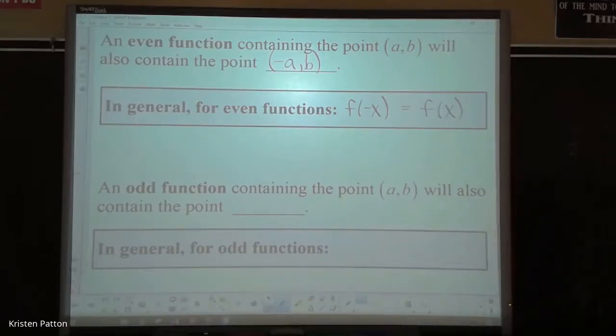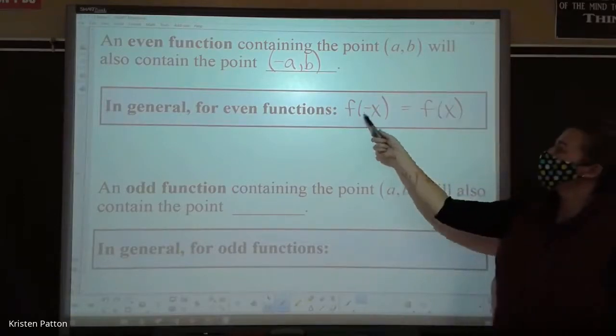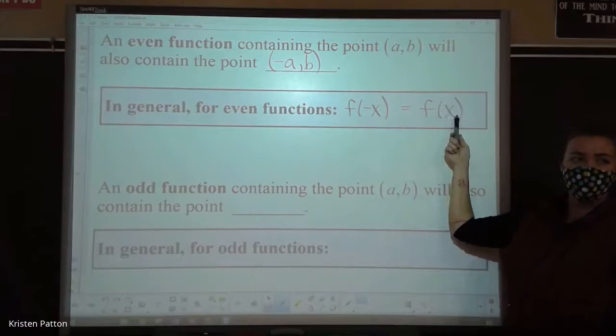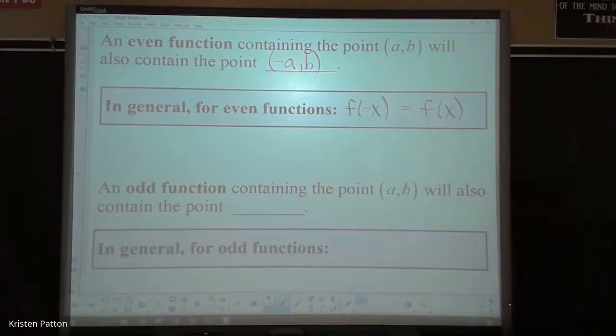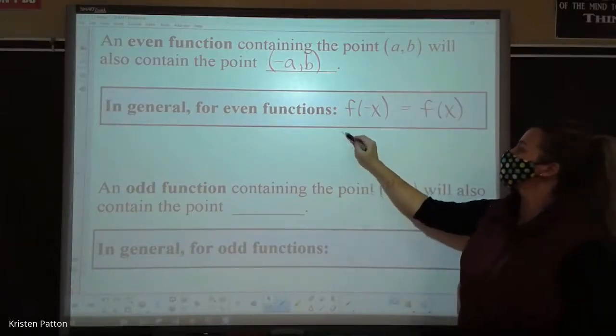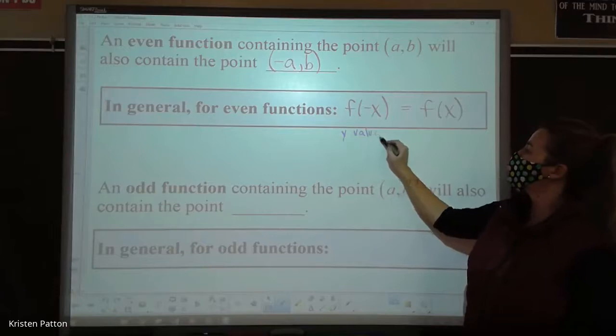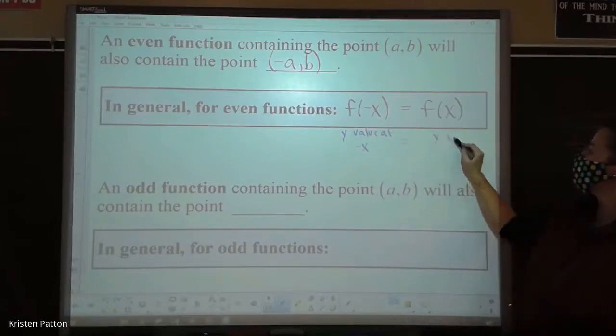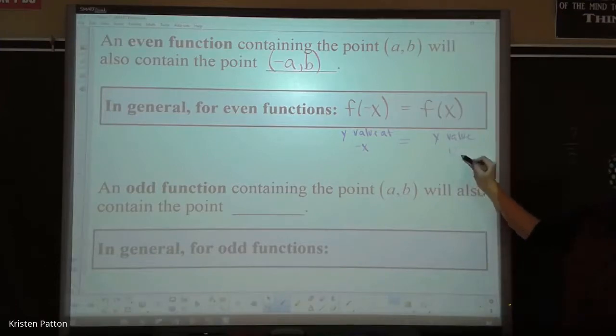I wrote f of -x equals f of +x. What does f of x mean in mathematics? What does it represent? Y. It means y. So we're saying, you don't have to write this down unless you want to, the y value at -x is the same as the y value at +x. That's what that's saying. Looks pretty formal, doesn't it?